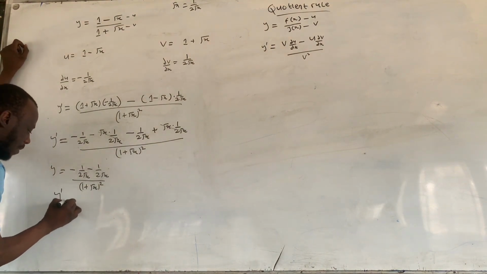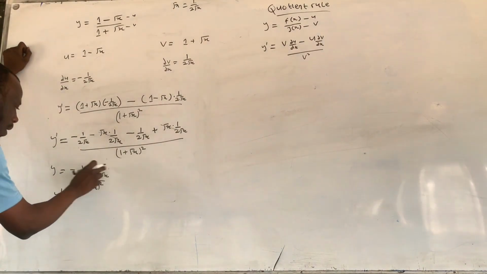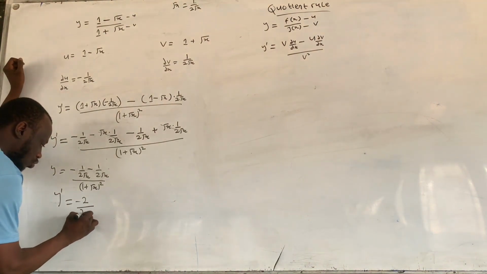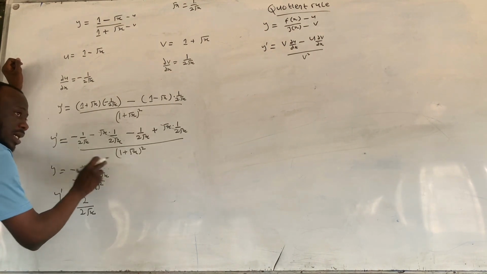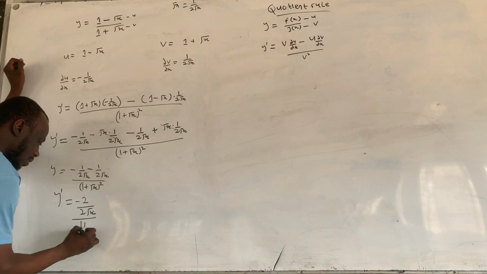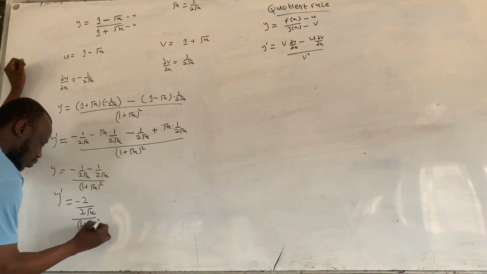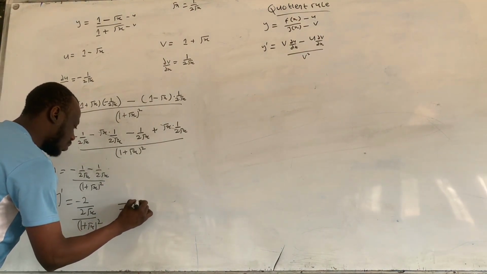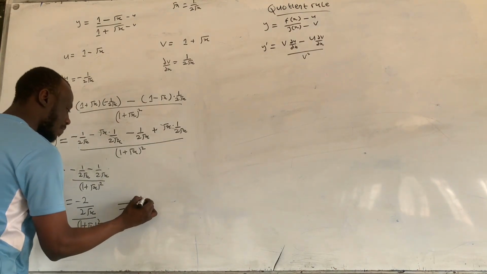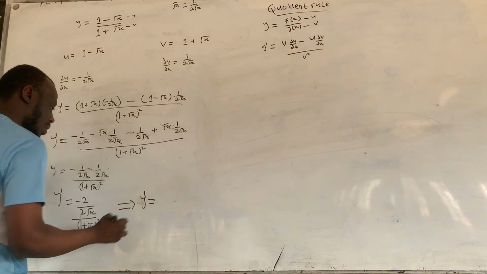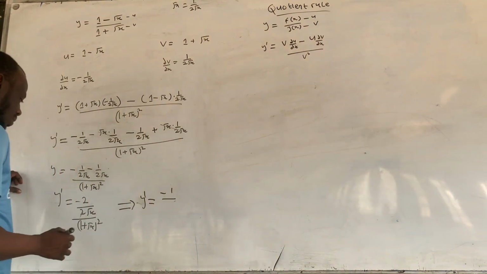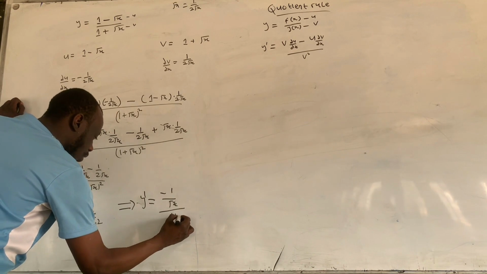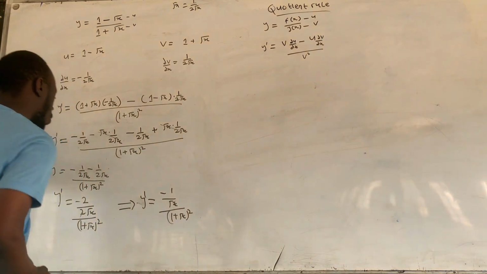In our y prime, since they are the same, we will have minus 2 all over 2 root x, all over 1 plus root x squared. So here the 2 can cancel out, and we have minus 1 all over root x, all over the whole 1 plus root x squared.